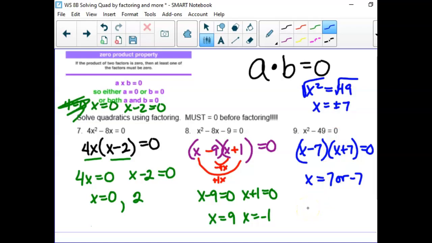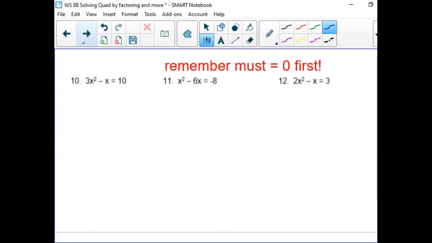Too fast? Do you remember difference of squares? X squared minus 49, both perfect squares, to get x plus 7, x minus 7. All right. The big deal here on 10, 11, and 12 is you cannot factor anything until it equals 0.